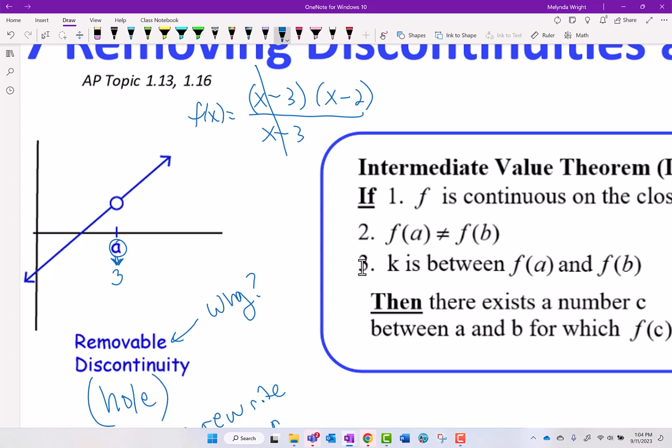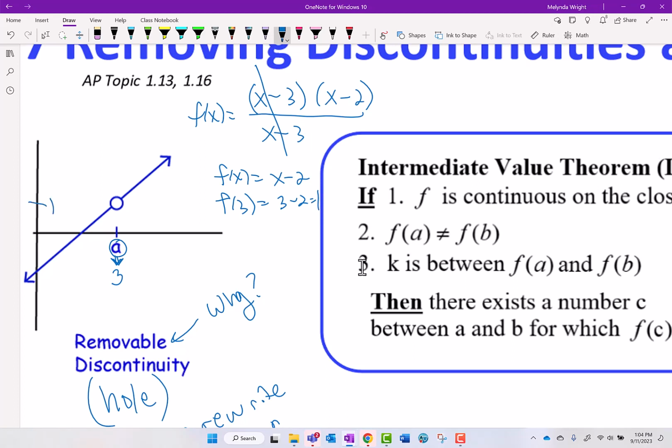So how do we do that? We plug in. So we've got that simplified. Now our f of x is simply x minus 2. We want to find out what f of 3 is because that's where the hole is. So we have 3 minus 2, or 1. All right, so the y value of this hole is 1.